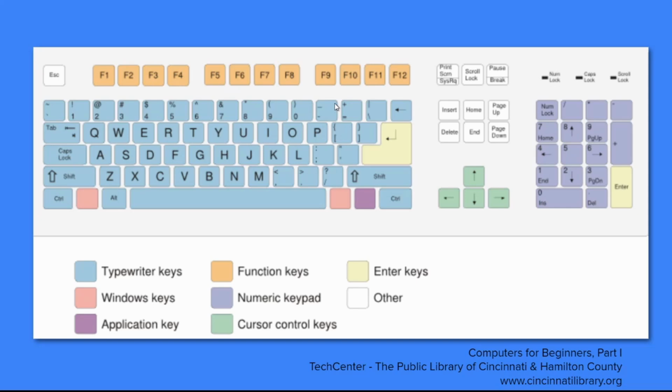You can assign some programs or shortcuts on the function keys. That's why they're called function keys. And then there's the numeric keypad, which is on the right side.